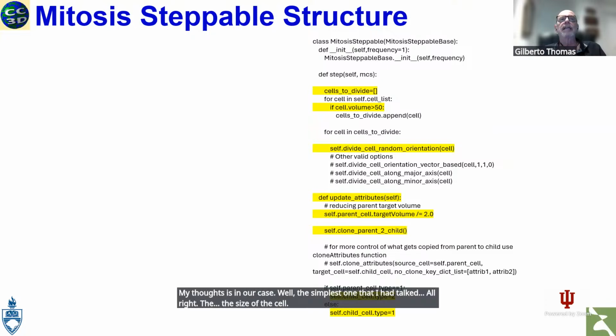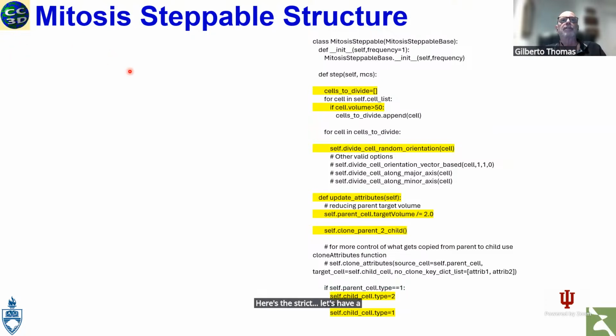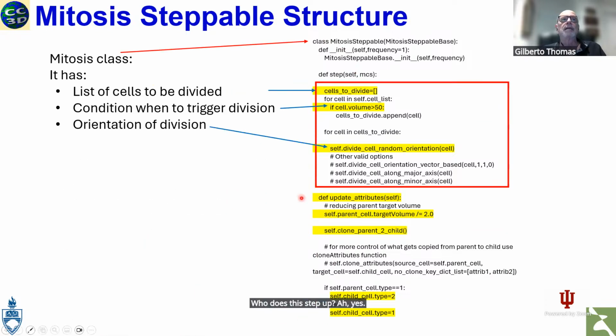Let's have a look at the structure of the mitosis steppable. Here is the steppable. It has an initial function here, and in the step function, it has three different stages.